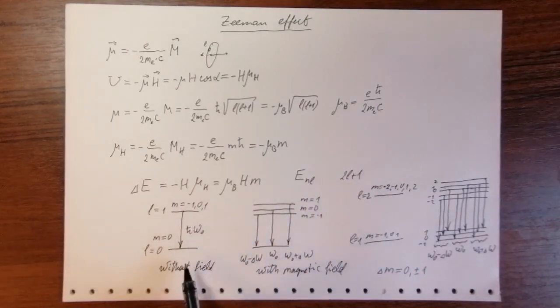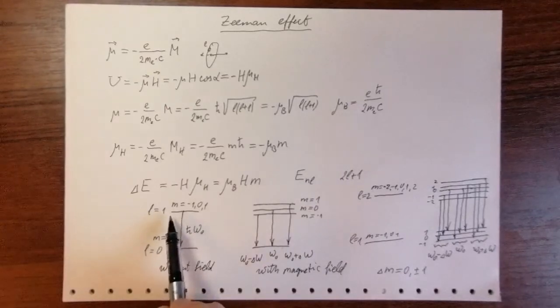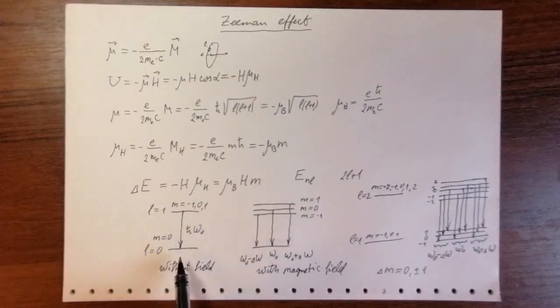Look, in the initial situation without external field, we have two levels. One level is characterized with angular momentum L equal to 0 and another with L equal to 1.